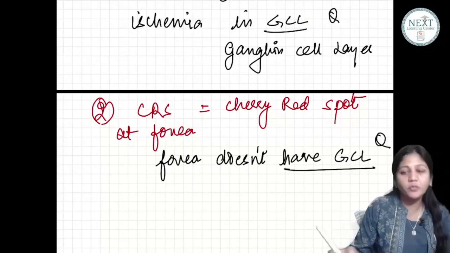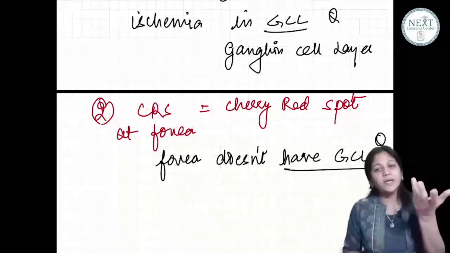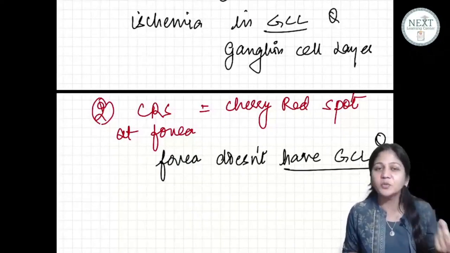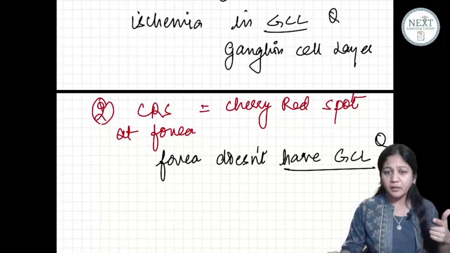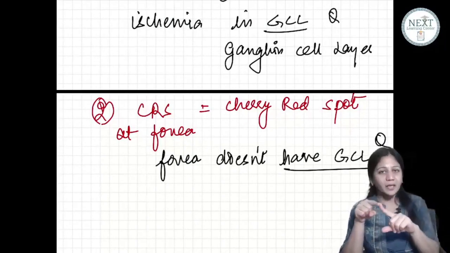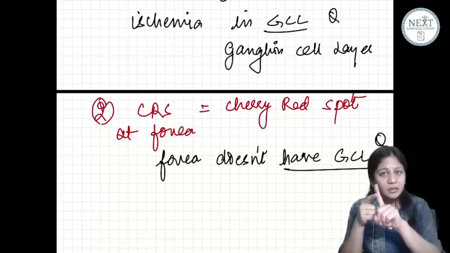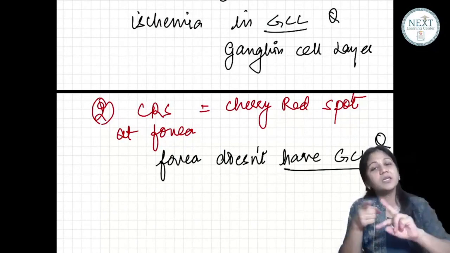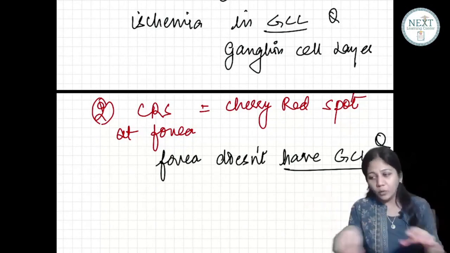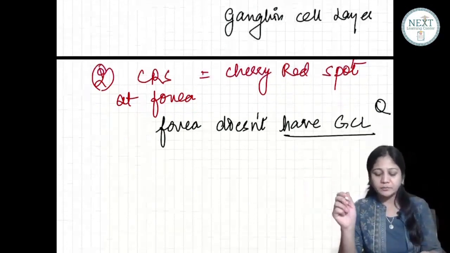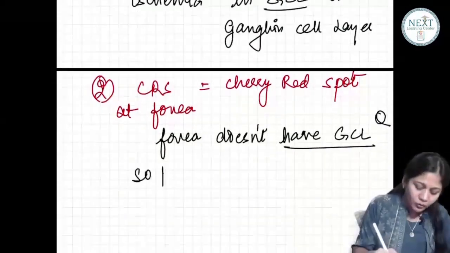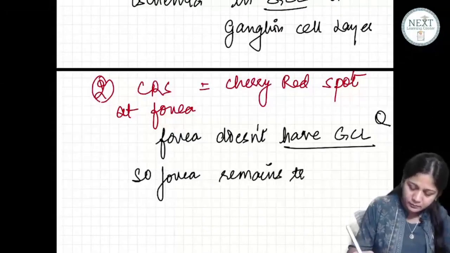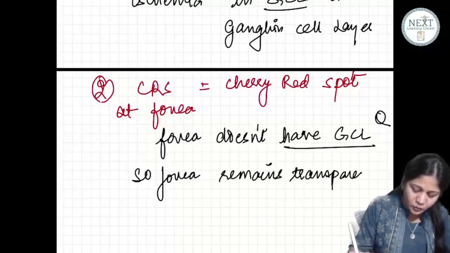If it is not there, why would it turn white? If it does not turn white, it will remain transparent. If it remains transparent, it will appear red. Very simple. Again, the fovea does not have a ganglion cell layer, so there will be no ischemia. If there is no ischemia, it will remain transparent. If it remains transparent, it appears red. Okay, everyone clear? So the fovea remains transparent and appears red. This is the pathophysiology.